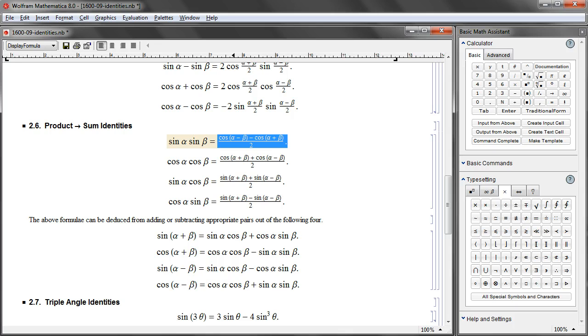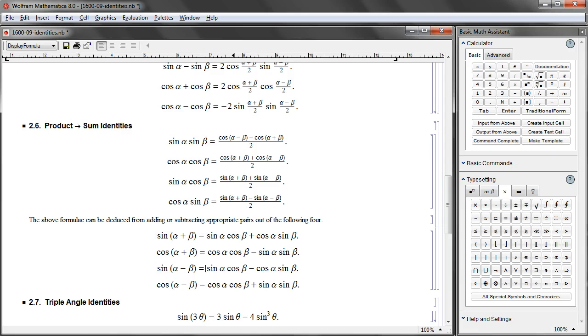The rest can be proven in pretty much the same fashion. For example, what if you want to do something like this one, the second one? No, the third one. Sine times cosine. Well, where can we find sine times cosine out of these four? The first one has it, and then the third one has it. Okay, do we add or subtract?